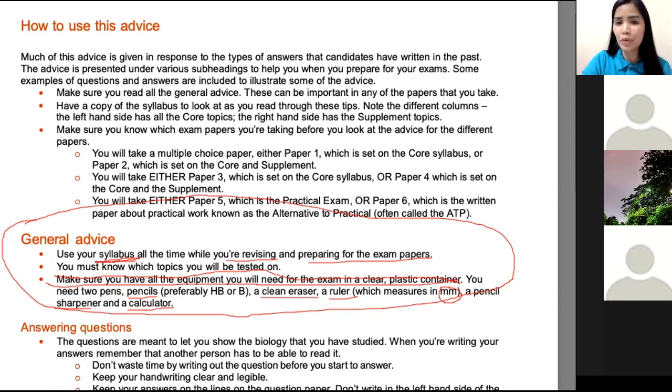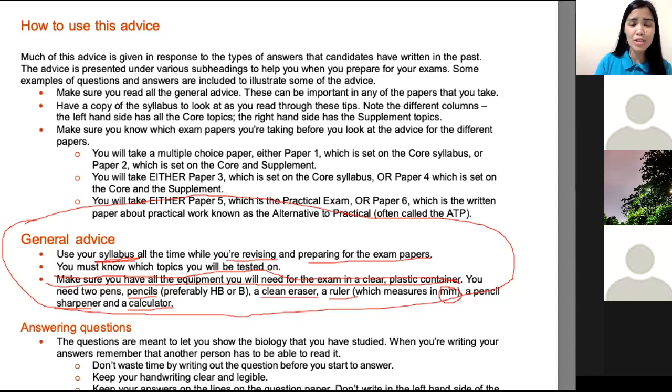Or even in paper 6, where you will be asked to make a results chart or a graph. I think we did this already in our previous test. So you will always be asked to use a ruler, eraser, and of course a pencil, guys.